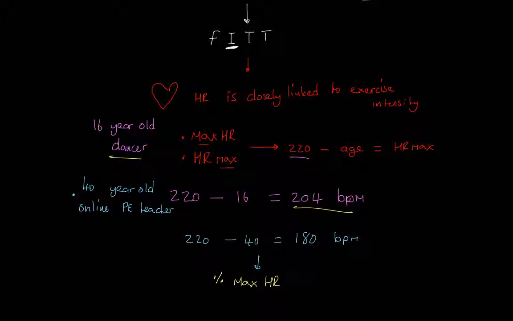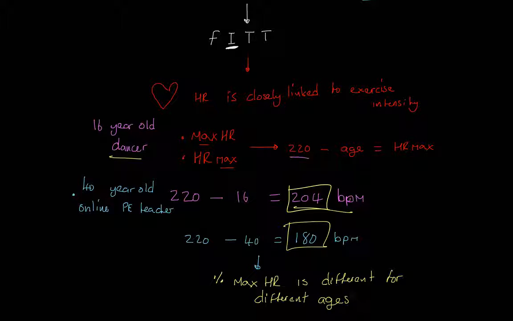But we also want to summarize by saying that percentage of maximum heart rate is different for different ages. That is not to say the percentage is different, but 85% of 204 is going to be a different number to 85% of 180. We're going to explore that concept in the very next session.